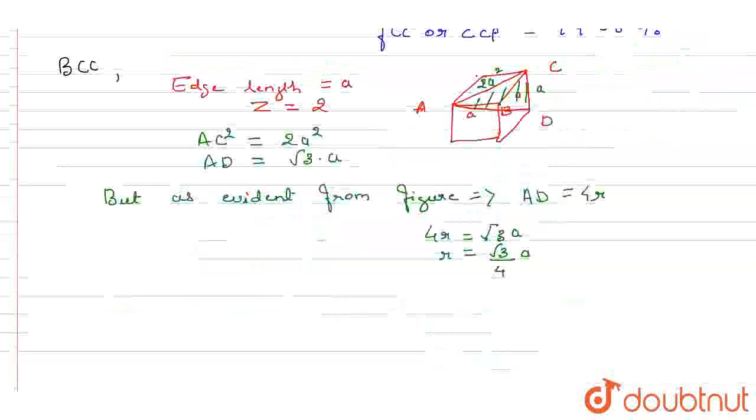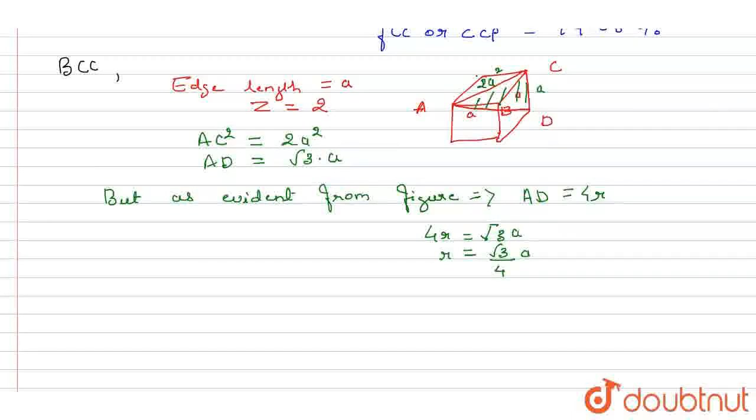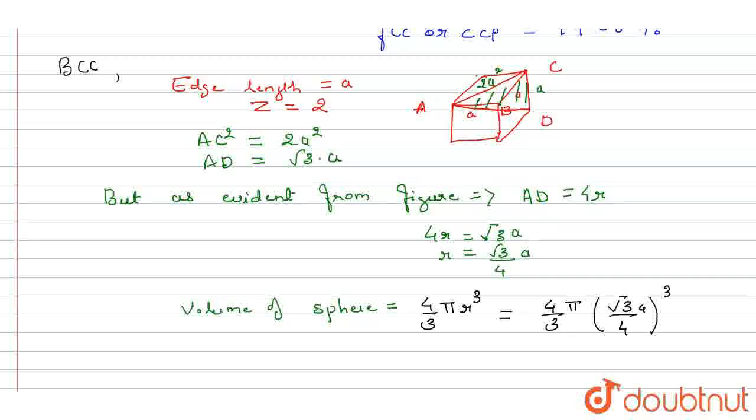Now next, we have to identify the value for volume of sphere. So volume of sphere will become equals to 4 by 3 pi R cube. Here we have R, that is root 3 by 4A. So this will become 4 by 3 pi under the root of 3 by 4A whole cube.